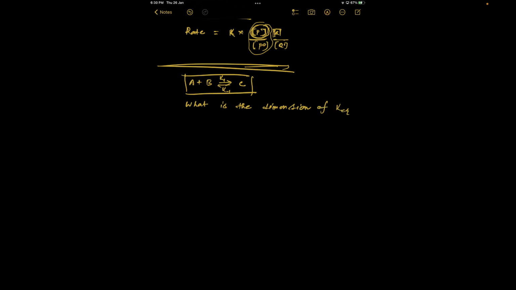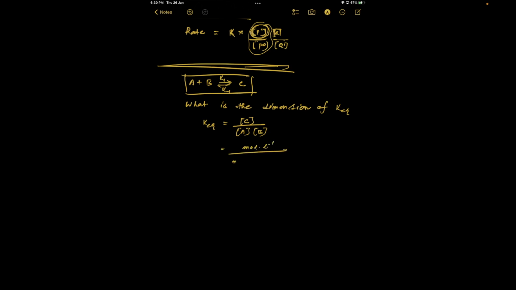Now for this type of question, K equilibrium will be equal to the product concentration divided by the reactant concentration, right? If you write down the units, the concentration of C is in mole per liter unit, mole liter inverse.